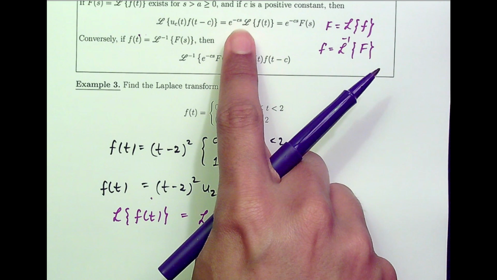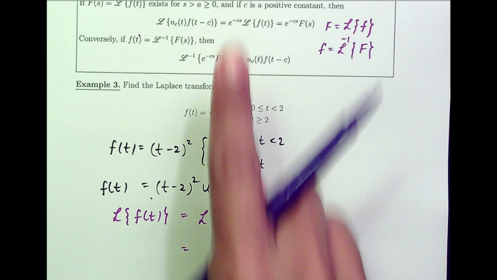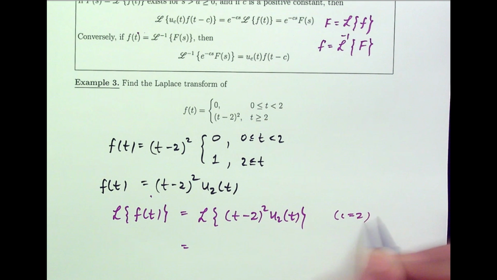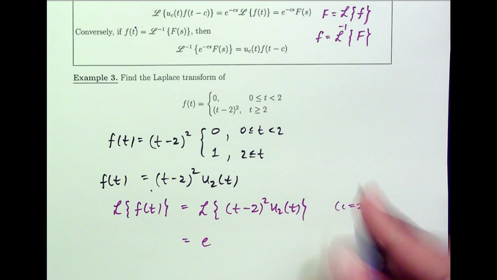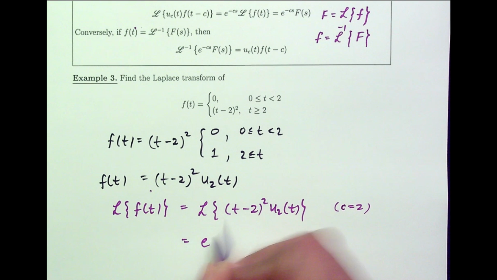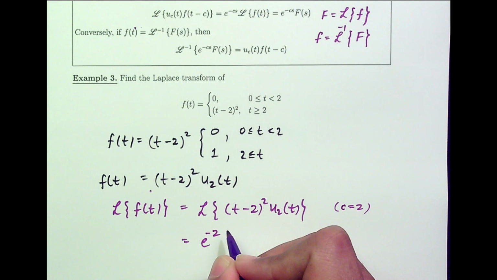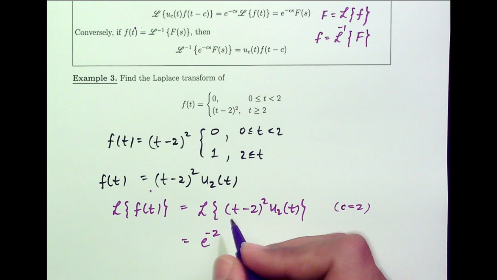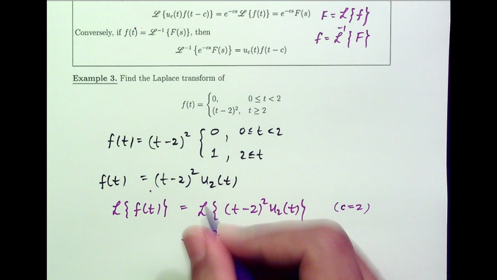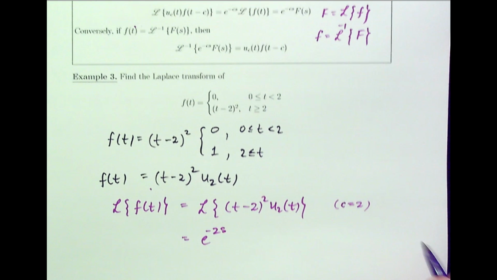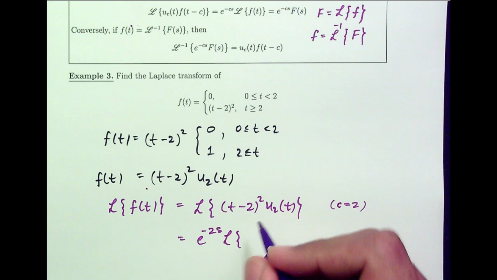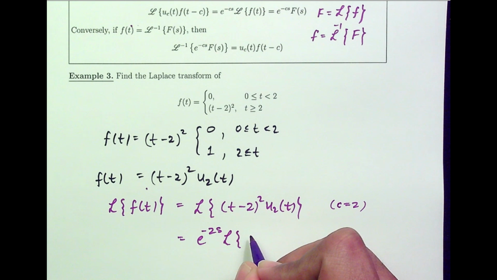This is going to be e to the minus cs, the c being 2. So here the c is 2 in the formula. So this is e to the minus 2s times the Laplace transform of what?